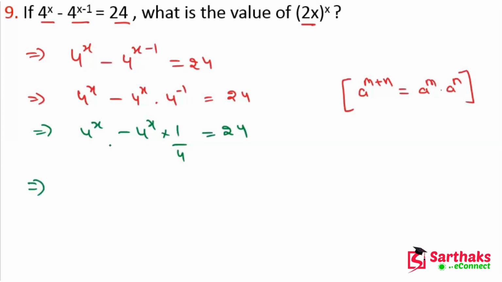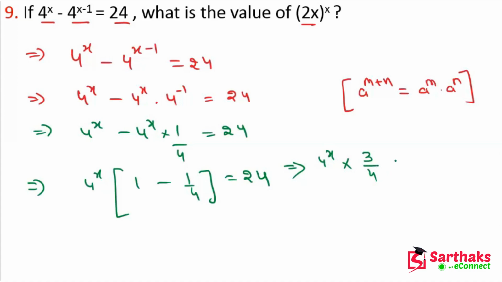Now we can take 4^x as common, so we get 4^x into (1 minus 1/4), which equals 24. If we solve this, we get 4^x into 3/4 equals 24.